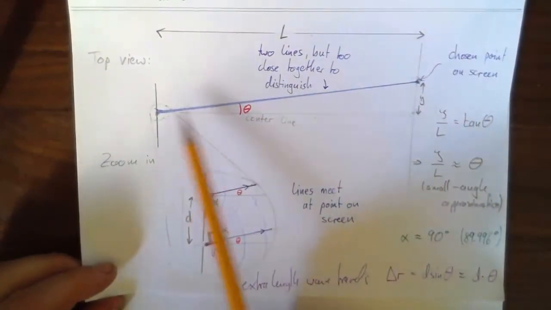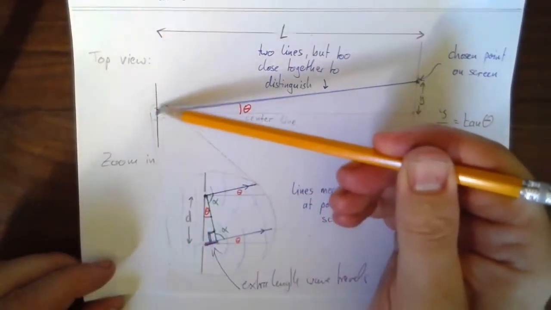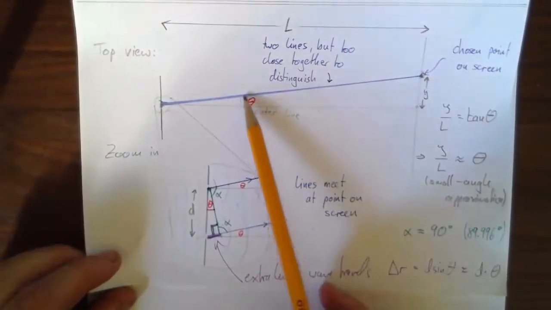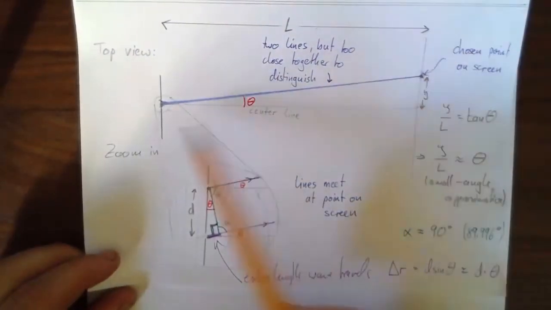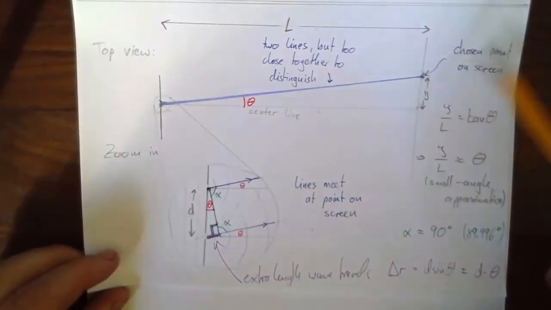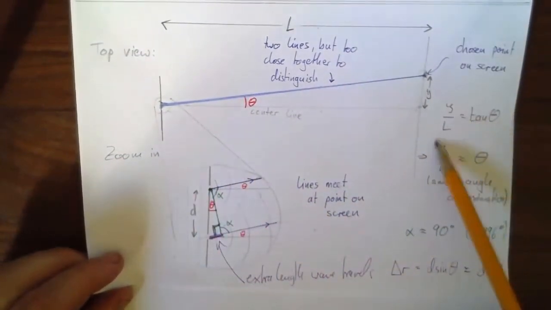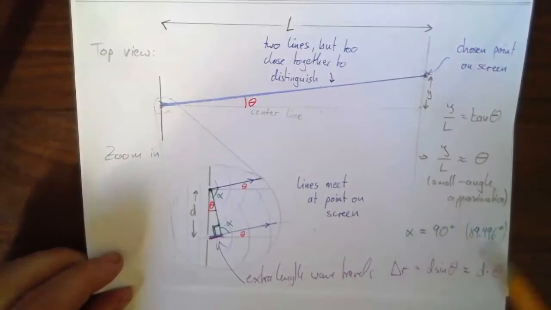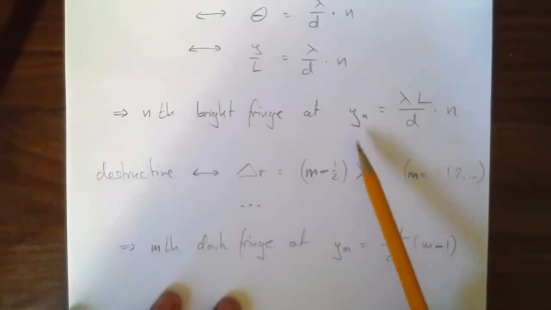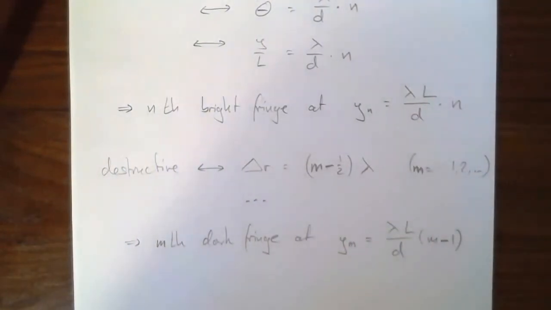What we can do, because this distance is so much further than the separation of the sources, and because this angle is small, like we're looking almost straight ahead, a little bit to the left, a little bit to the right, is make these approximations here and here, and we get this simple result that just labels where the bright and dark fringes are, in a way we weren't able to do with the two-speaker setup.